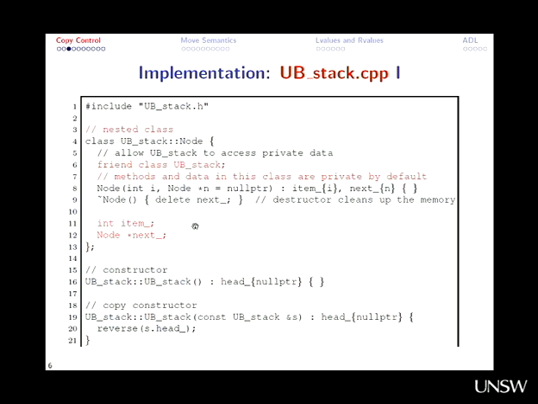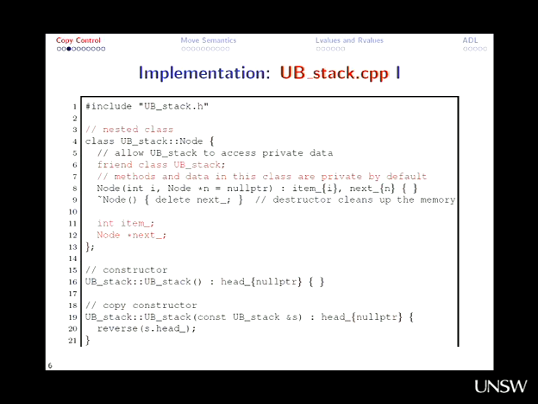Each node also contains a pointer to the next node. Hopefully you've recognized the structure maybe from first year. This is basically a singly linked list that we're making behave like a stack. So we've got this nested inner class. Don't worry exactly about how this code is working, you just need the idea.